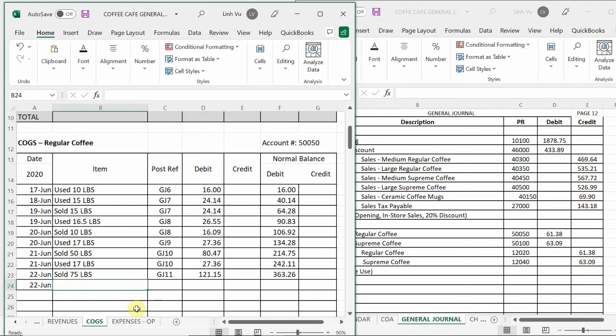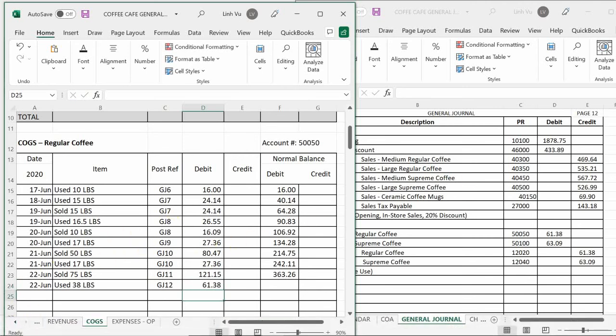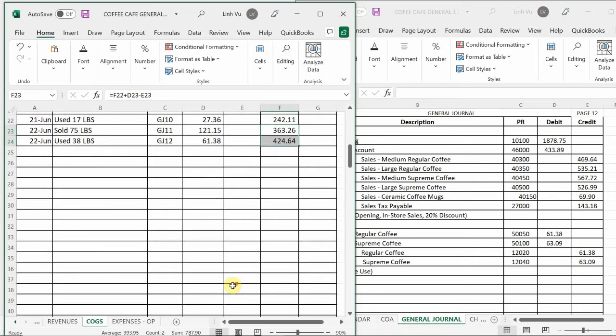We used 38 pounds for a total of $61.38. Total 424.64. Good.